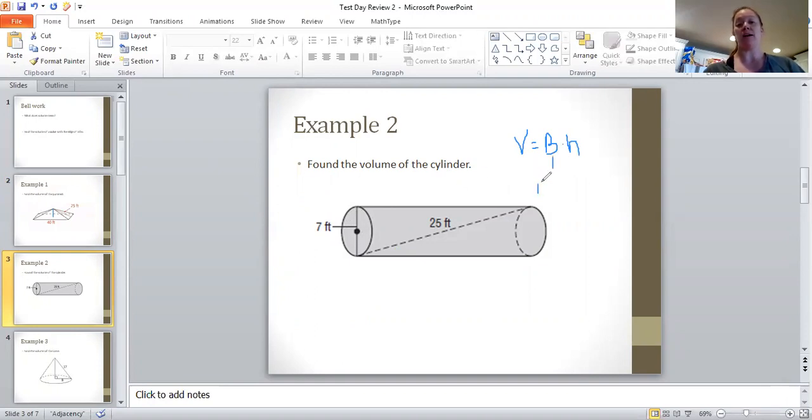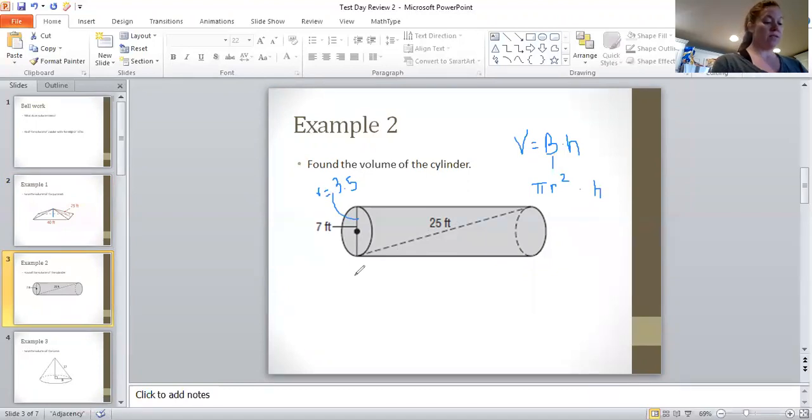Because a circle is pi r squared. So this one, we have pi r squared for our big B, and then we have times the height. So let's do the big B first. I've got this diameter of 7, right? Which means my radius is going to be 3.5 because we're going to cut that in half. So we have r is 3.5.